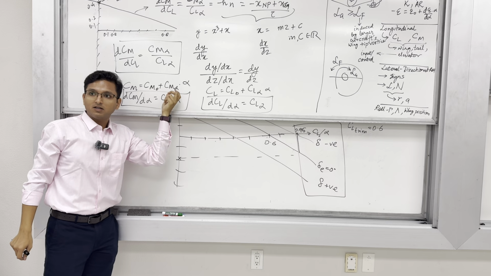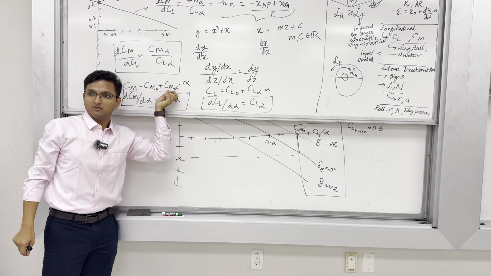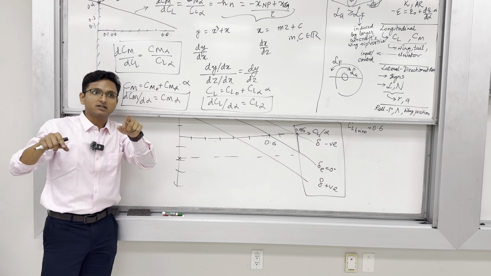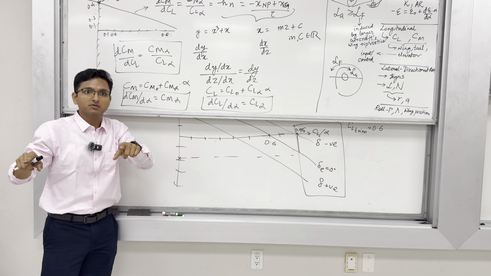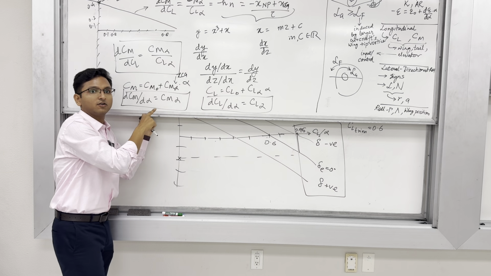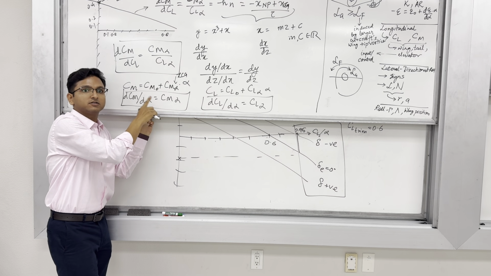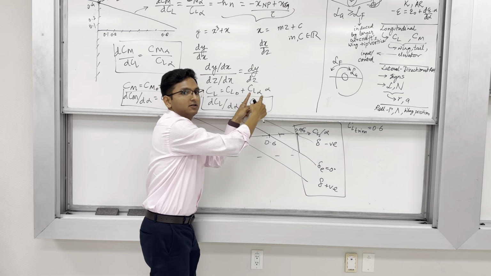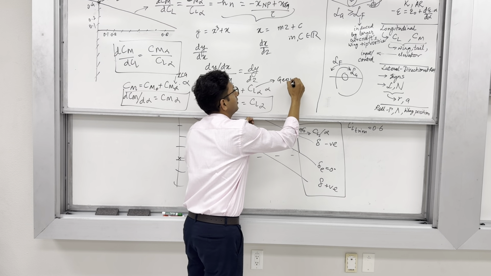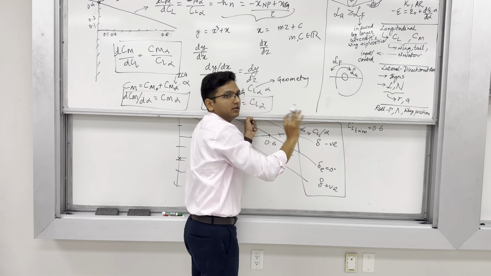So this is the moment, this is your alpha, right? But then there is the tricky part inside Cm alpha, which has the CG term inside of it: Cl alpha times (xCG minus xAC) by c bar, remember? So this is where xCG is hiding, always remember. It's not just a function of alpha. This is a constant entity. This is only a function of the geometry of the airfoil, nothing else.